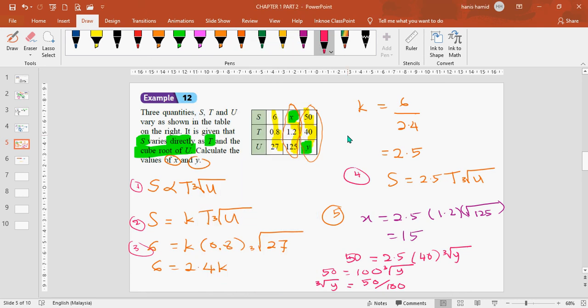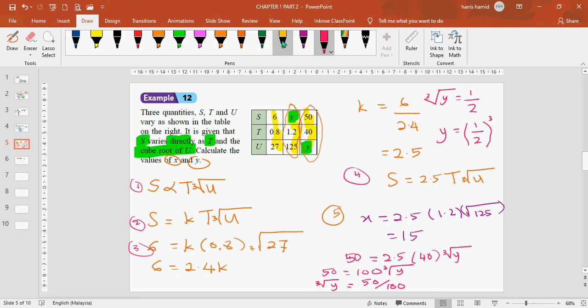I will continue here. Cube root Y equals to 1 over 2. But remember, we want to find Y. So to find Y, you must do cube, at the right side. Why?